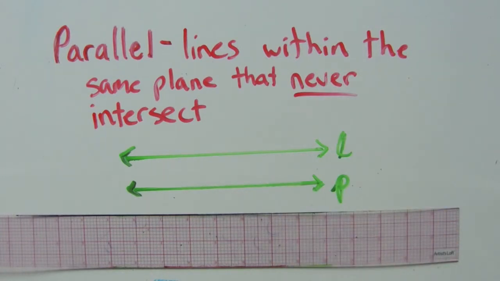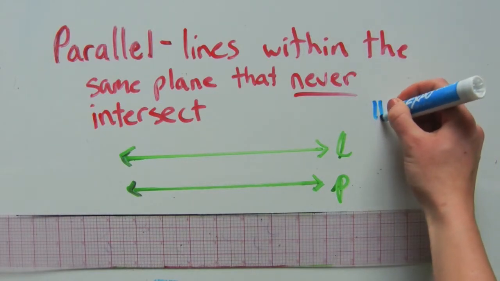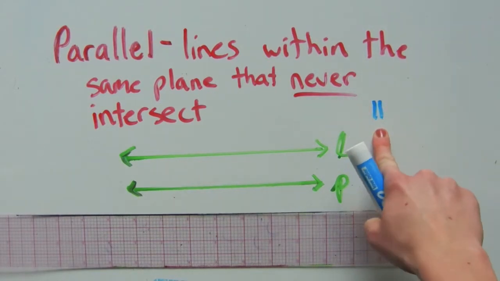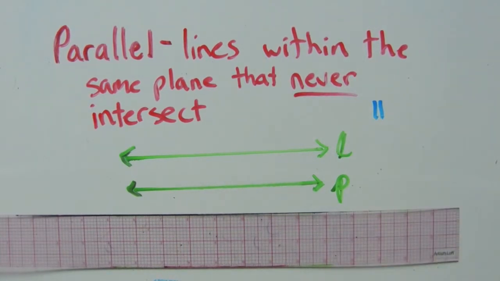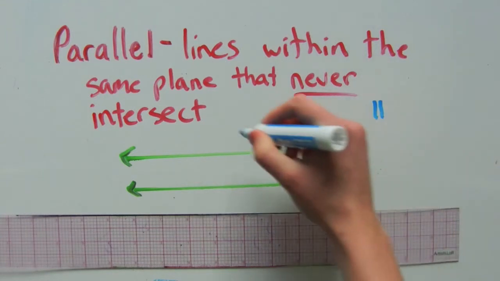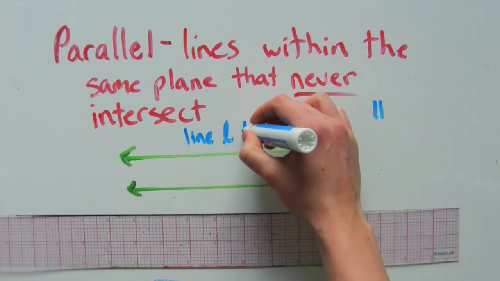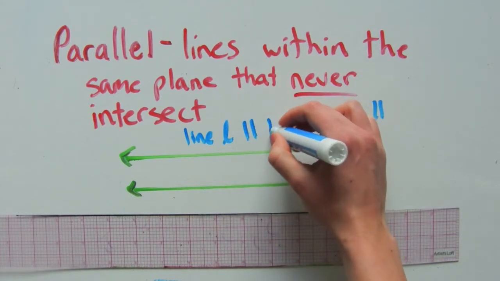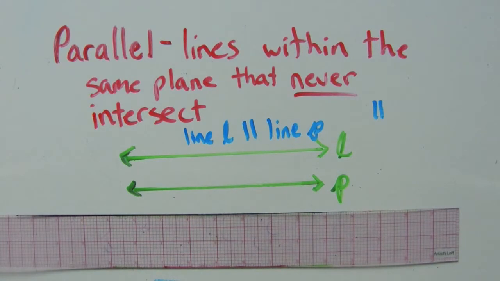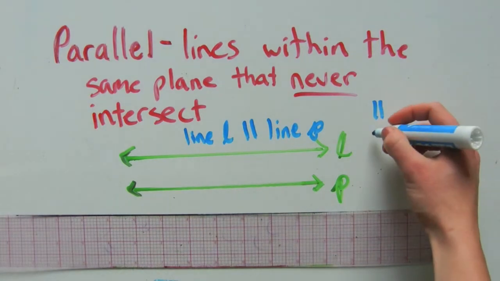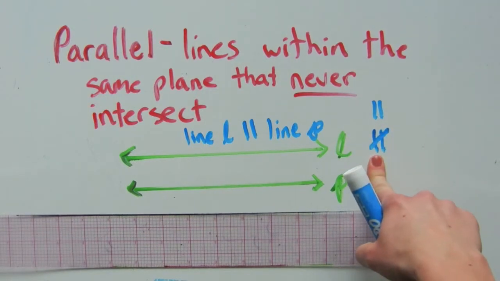The symbol for parallel is 2 lines straight up. That symbol is read as is parallel to. So we could write line L is parallel to line P. The symbol of 2 lines with a slash through it means is not parallel.